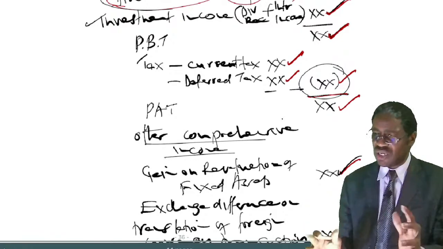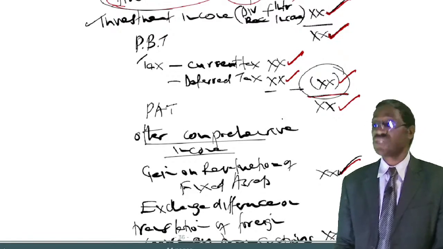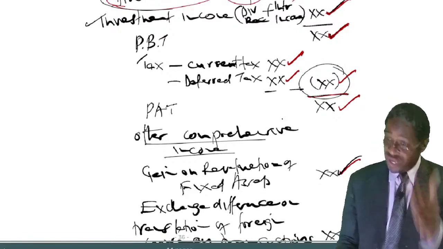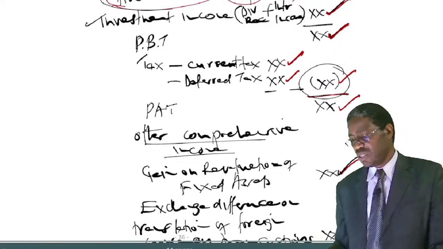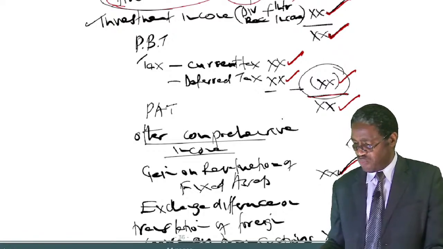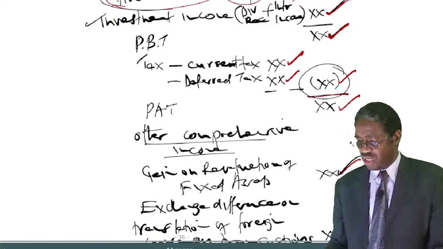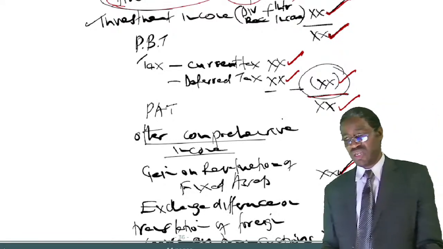We discussed a lot of ways in which the examiner can test you concerning deferred tax and whether to add or to subtract. I do hope you still remember that. We don't have to go back into the details. You can refer to the previous video that we did last time.